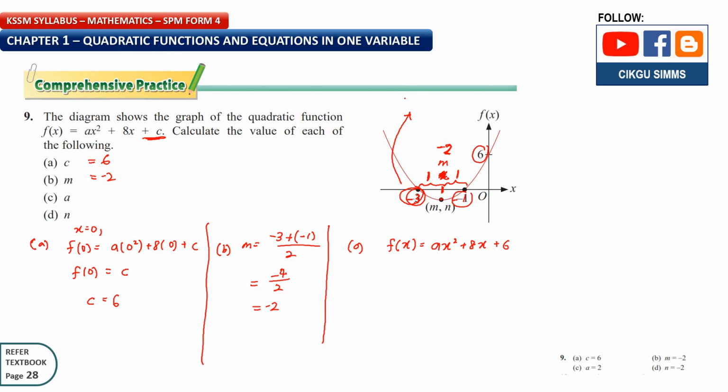So its coordinate is (-3, 0) because the y value is 0, right? Okay, the y value is 0. Okay, and then your x value is -3.